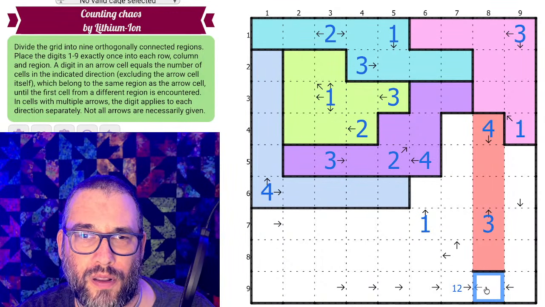So whatever this is, it's a new color. And that points here.